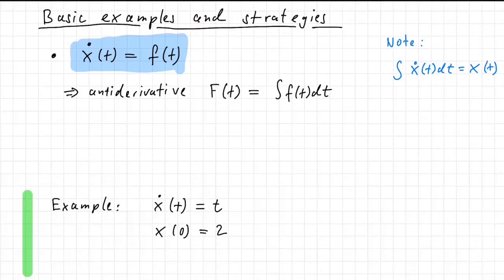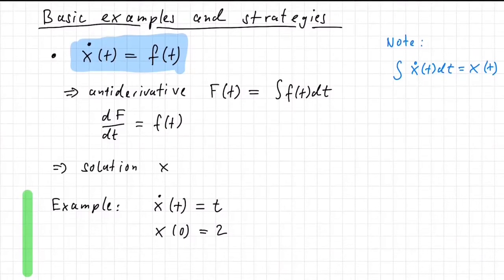And it's called the antiderivative because dF/dt equals f of t. With this, we can now easily write down the solution, which is given as x of t equals capital F of t.